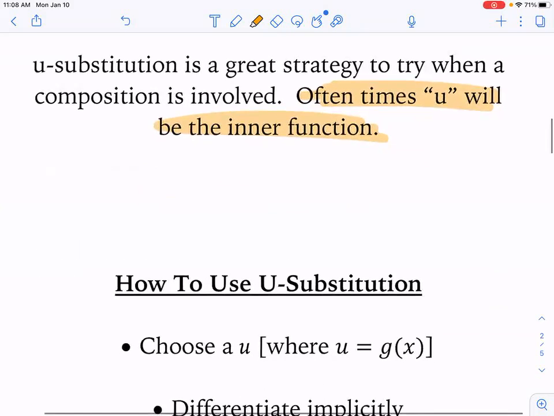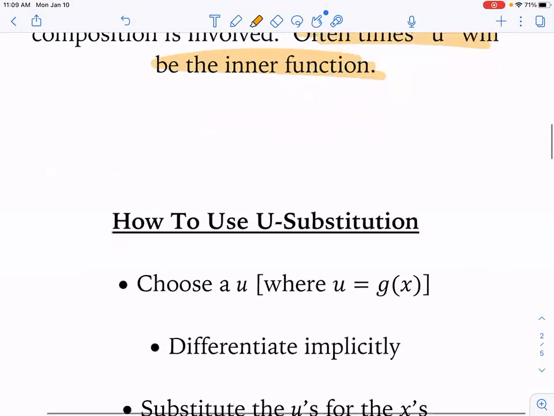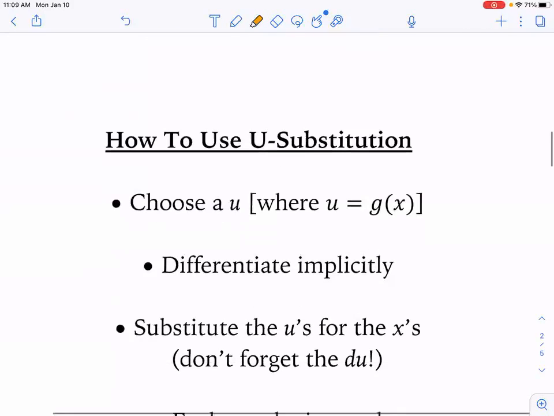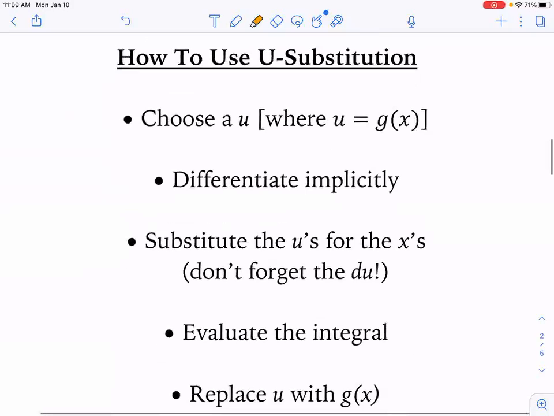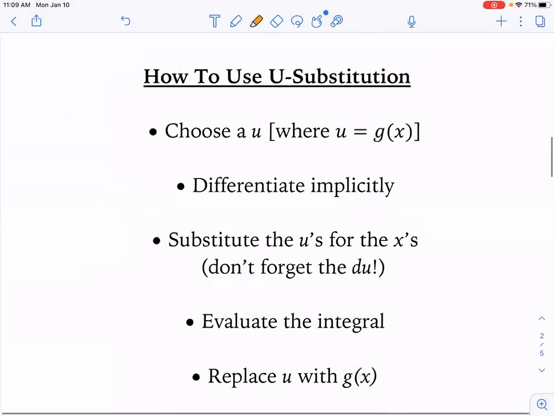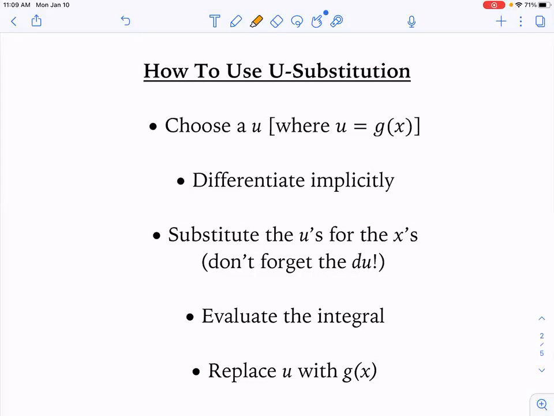So I'm going to give you some instructions, like a step-by-step list. This is something that you might need today, but you might not need on Thursday. You'll just have it figured out. So this is what's going to happen. We are going to keep our eyes out for the inner function, and we're going to actually write u equals something.